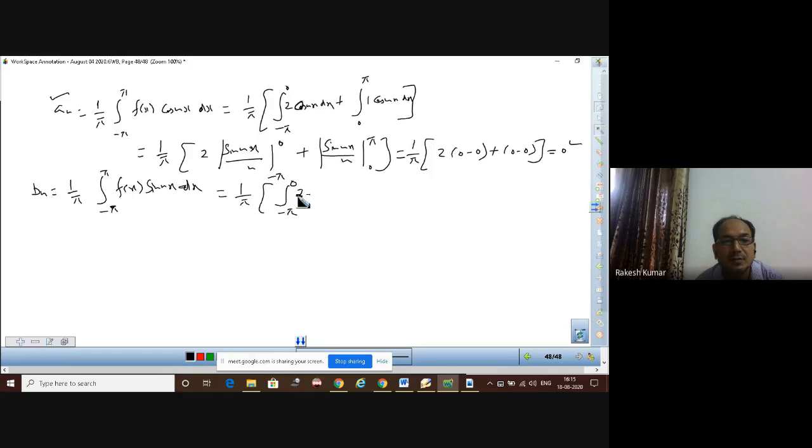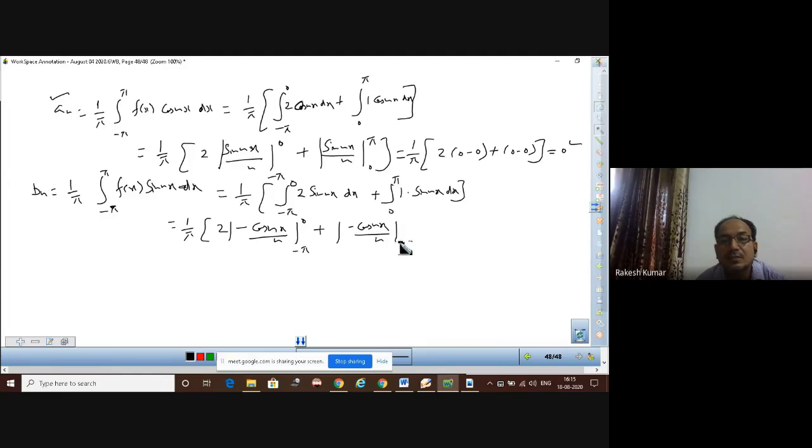For minus pi to 0, the value of the function is 2 sine nx dx, and for the interval 0 to pi, it is 1, that is sine nx dx. Now you can integrate it. The integration of sine is minus cos of nx upon n within the limits minus pi to 0, and again minus cos nx over n within the limits 0 to pi.